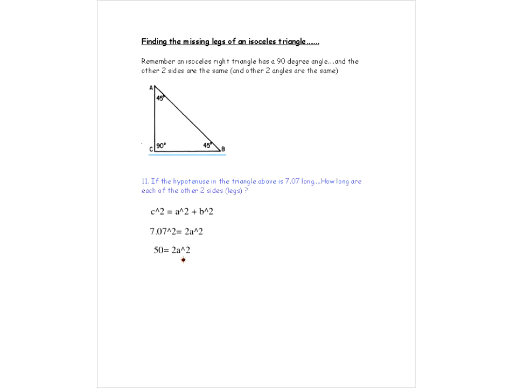Okay, we're going to take the square root, but before we do, right now we have 2a squared, right? Remember, 2a squared is the same thing as 2 times a squared. So we need to get rid of that 2 because we want to end up with just a squared in our next step, right? So what are we going to do to get rid of the 2 times?